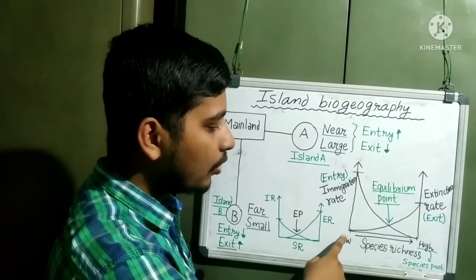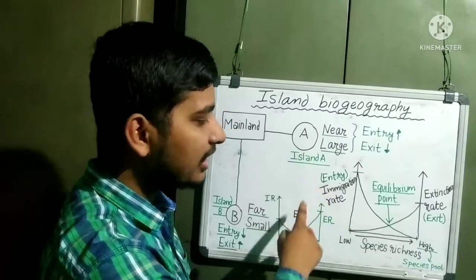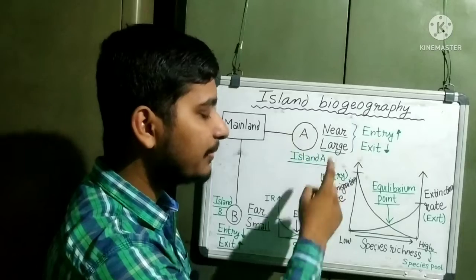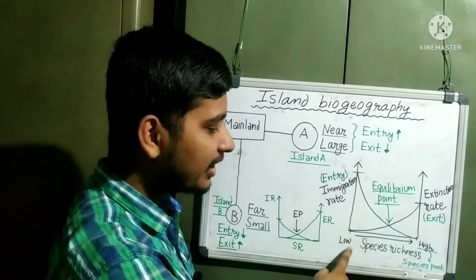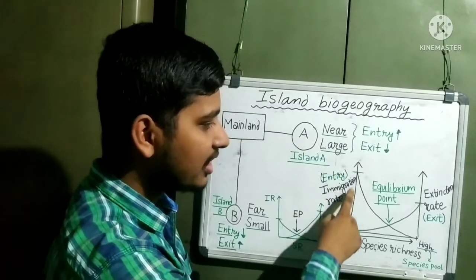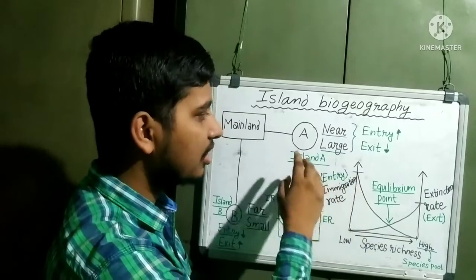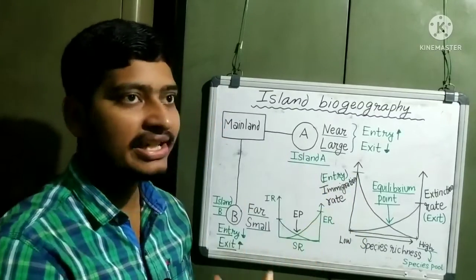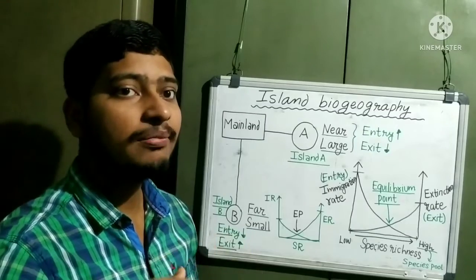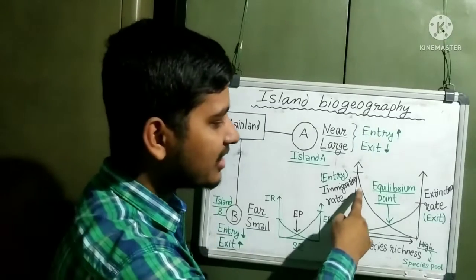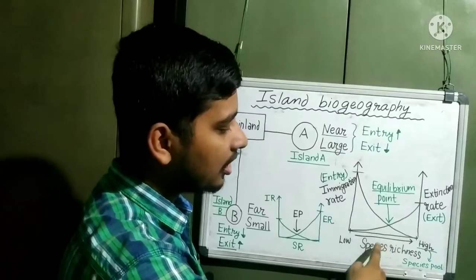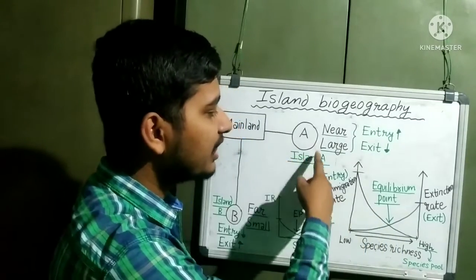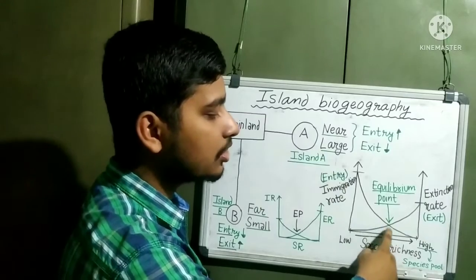When the island is empty, there will be a greater number of immigrations. At low species richness, the immigration is high. As soon as island A becomes full, as soon as the species richness starts increasing, the immigration rate will slow down.